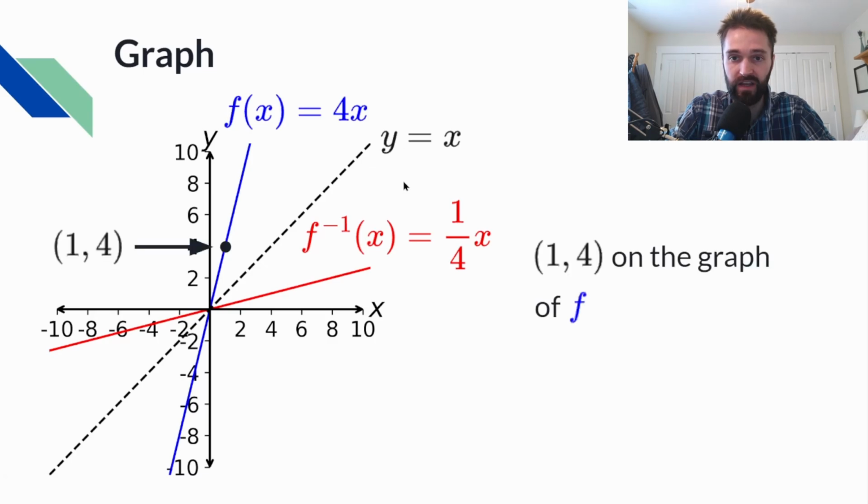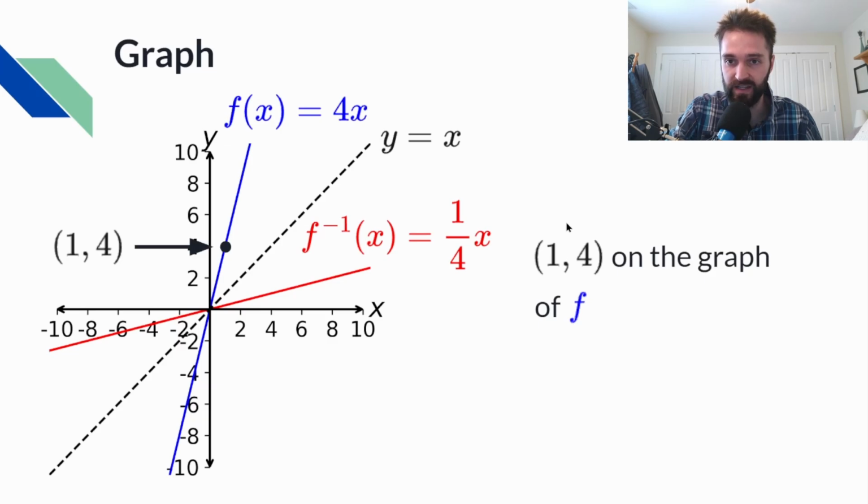That's what the graph of inverse functions look like. It'll always work out that way. So let's take a look at a few points. Here we can see that the point 1, 4 is on the graph of f, because if I plug a 1 into this function, I get 4 times 1, and my output is 4. So the point 1, 4 is on the graph.